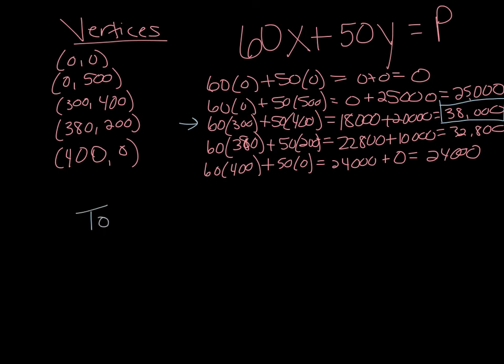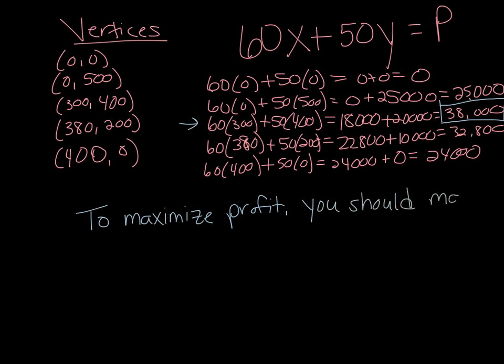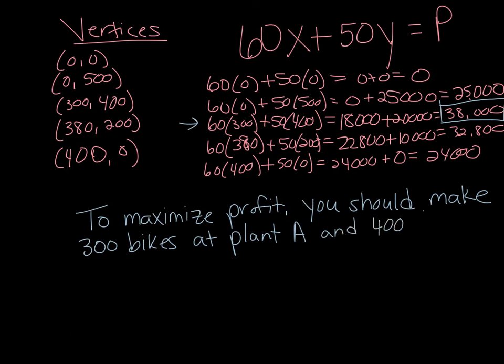So to maximize profit, you should make 300 bikes at plant A, and 400 bikes at plant B.